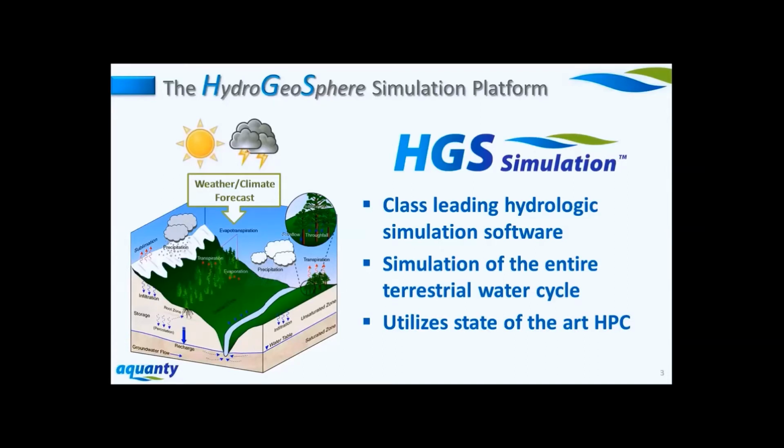Because the computational effort can be quite intense, we use state-of-the-art high-performance computing algorithms for both robustness and mass conservation. And over the years, we have implemented many advanced numerical techniques to solve the relevant equations.